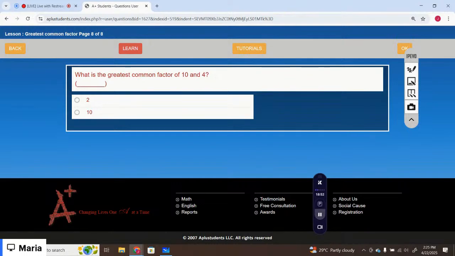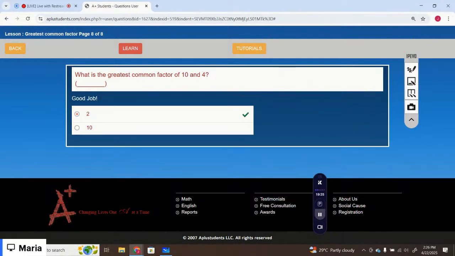What is the greatest common factor of 10 and 4? Option number 1 is the correct option, that is 2. We are done with the lesson. Let's just move on to the next lesson.